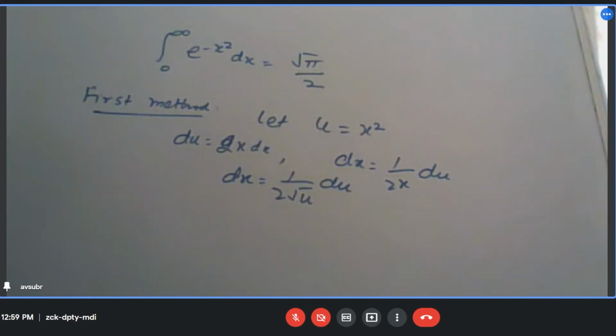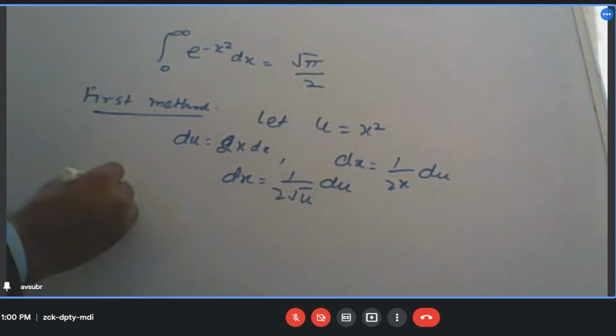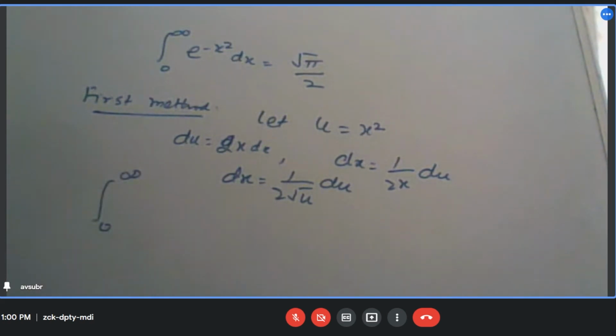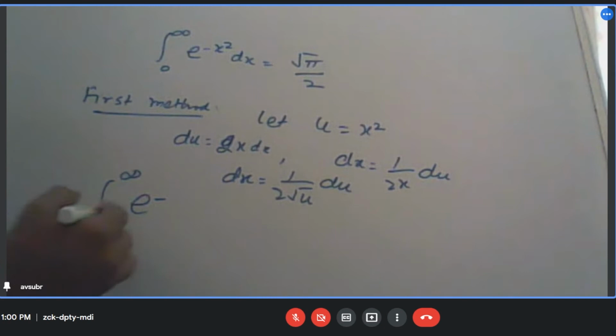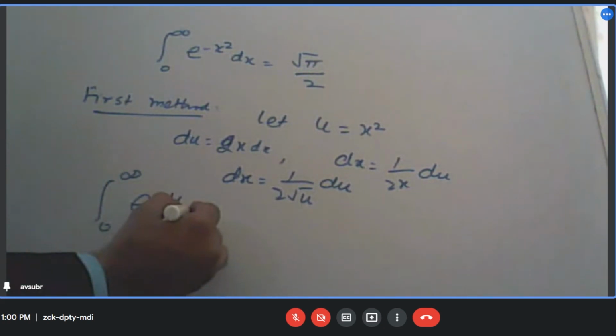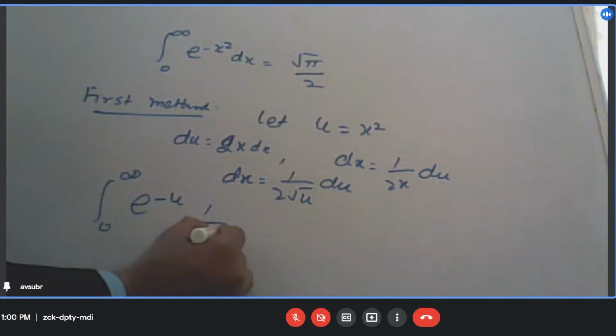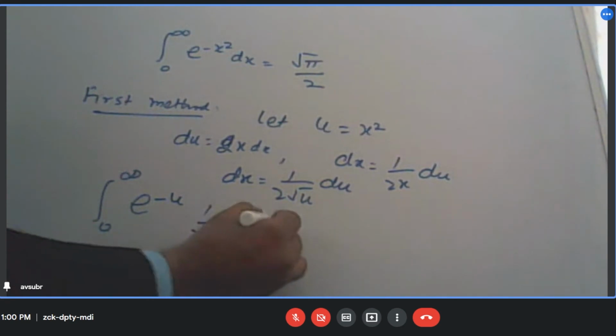All right. And the limits will remain the same. When we change the variable, it doesn't matter, the limits remain the same. So we get e to the power minus u into 1 by twice root u du.